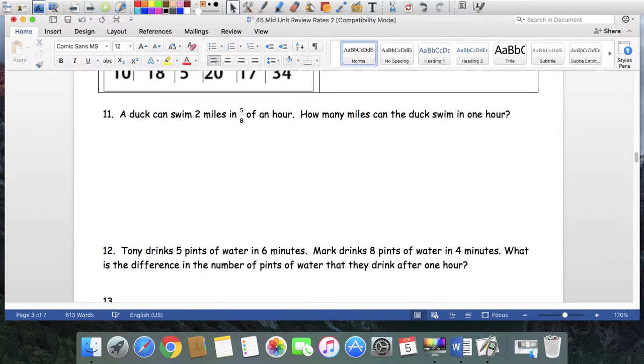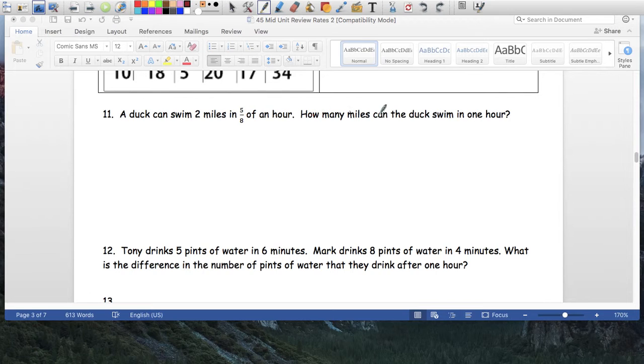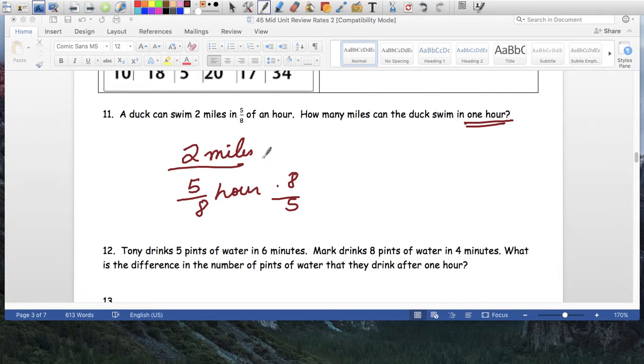Because this, we can cross this out. Aquí over here, 2 miles, entonces es 2 times 8 over 5, put this over 1, 2 times 8, 16, 1 por 5 es 5. 16 over 5, or 5 goes into 16 3 times, 1/5 of a mile. Entonces, en 1 hora el patito puede nadar 3 y 1/5 de mile, de milla. 3 millas y 1/5 del próximo.